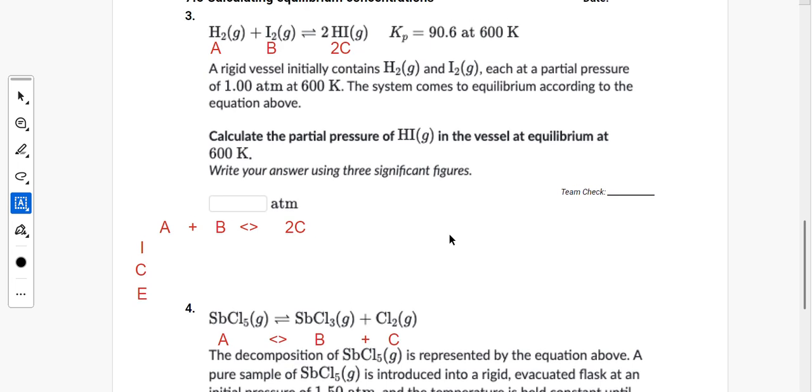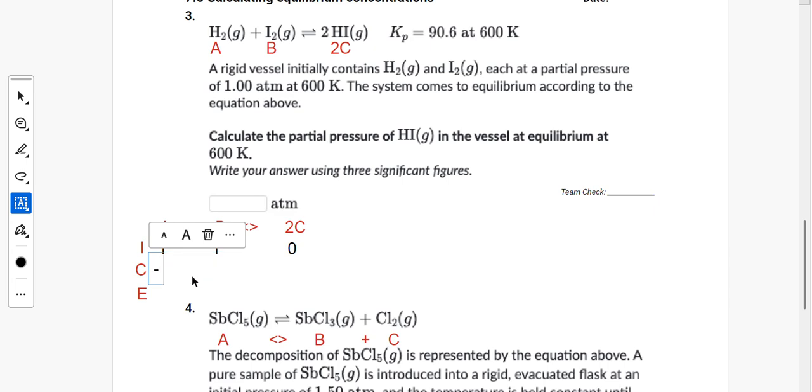All right, number 3. They want us to start when we've got pressures, gas, gas, gas, so that we can do our K calculations. This is great news. My initial is 1 atm for A and for B, and then I have 0 for C. Now I'm going to go down and say, how are we going to change it?